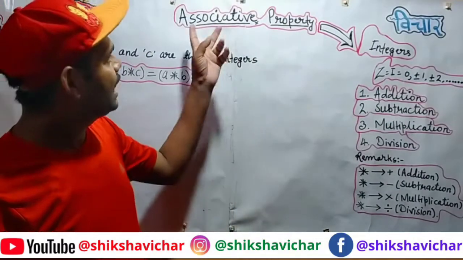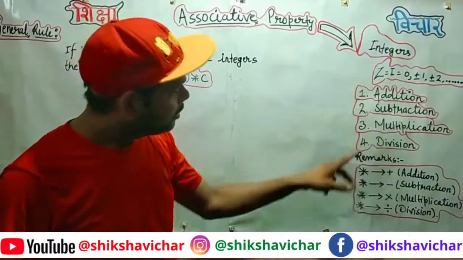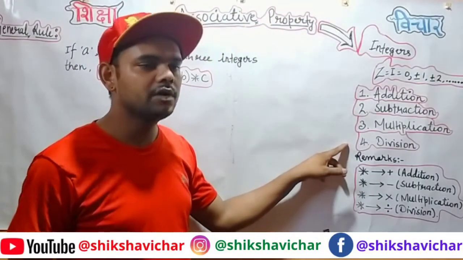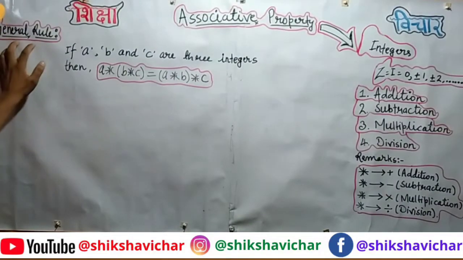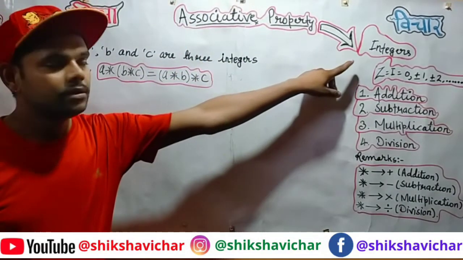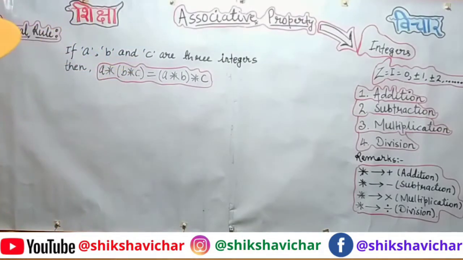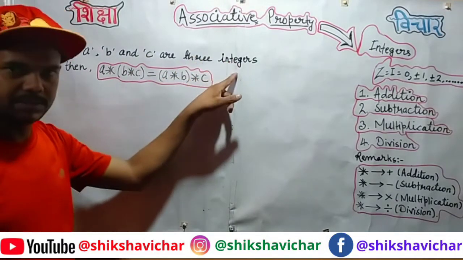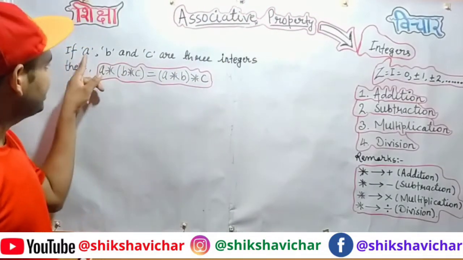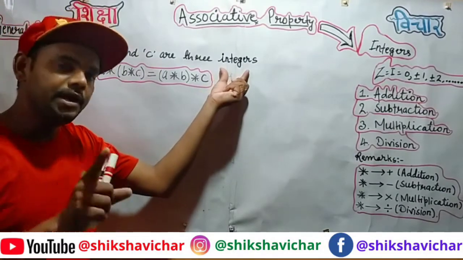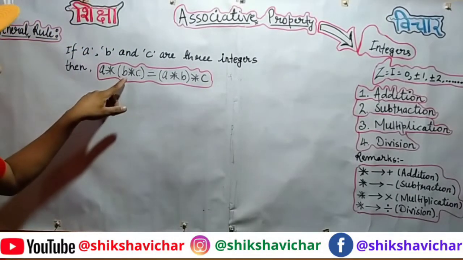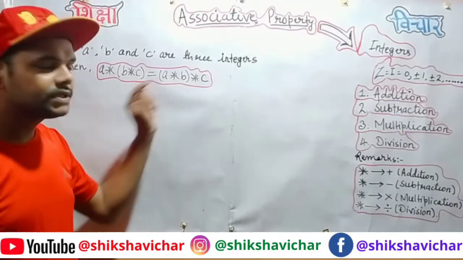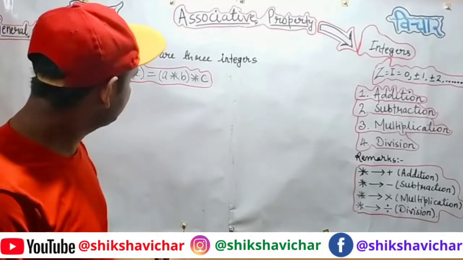We will discuss the associative property for integers with respect to addition, subtraction, multiplication and division. First of all, we would like to define the general rule for associative property for integers. The definition says that if A, B and C are three integers, be careful, these three must be integers, then A star B star C inside bracket is equal to A star B inside bracket star C. What is the meaning of star?